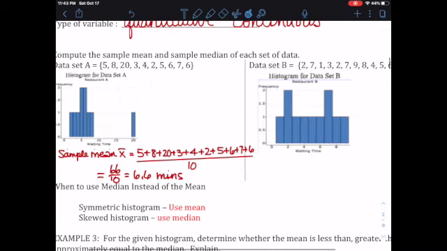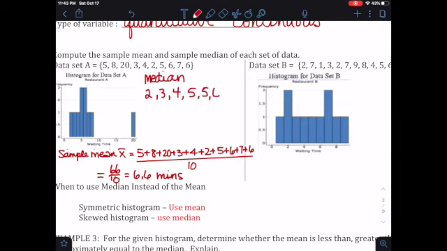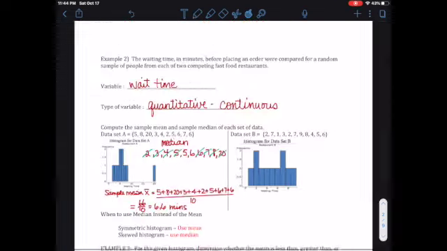To find the median, the definition is to put them in order first. So in order, you start with the smallest, 2, and you have 3, 4, 5, 6, 7, 8, and 20. What people do is cancel out 1 in the front with 1 in the back. But look, if we cancel out, nothing is left in the middle, because this is an even amount of numbers.